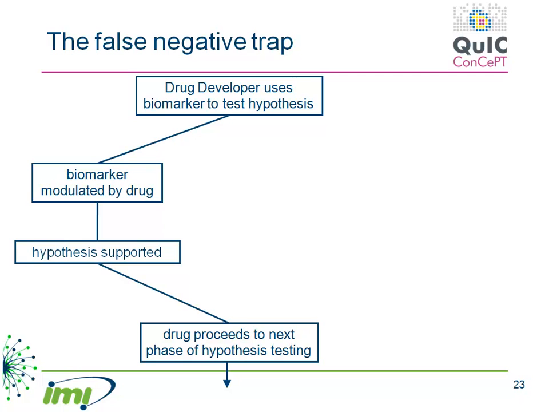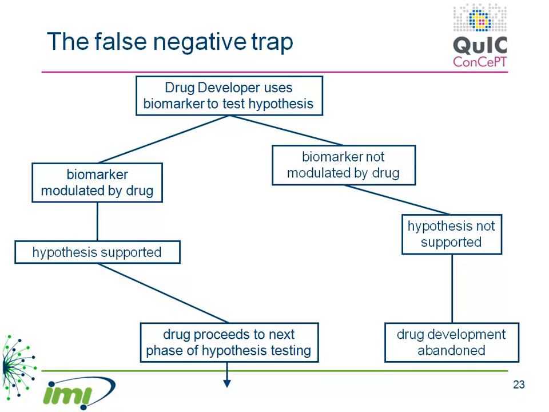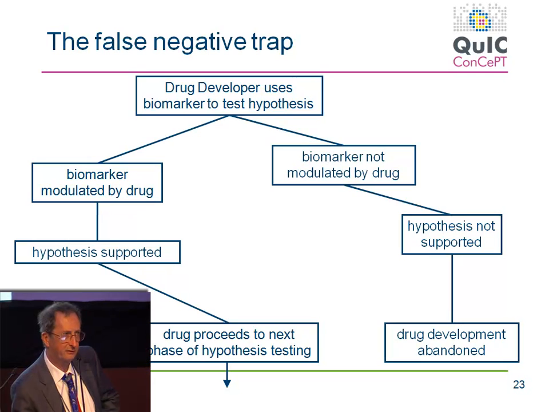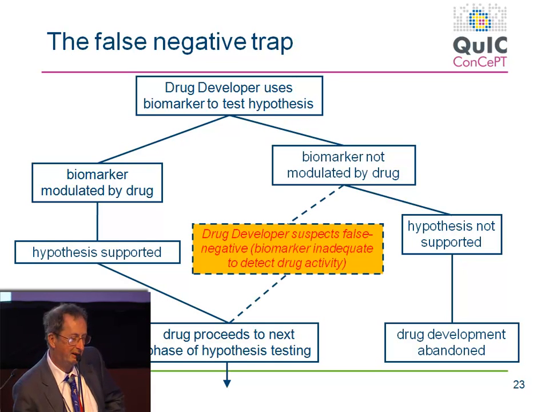Also, as good scientists, we know that if the biomarker is not modulated by the drug, that means our hypothesis is not supported, and we will abandon the drug development. However, nobody wants to kill their children. And there's a nasty short circuit there where you get a result, the biomarker is not modulated by the drug, and the drug developer doesn't believe the result.